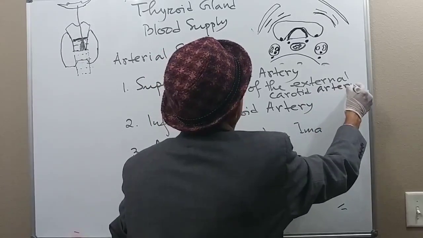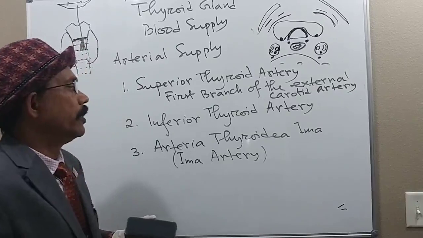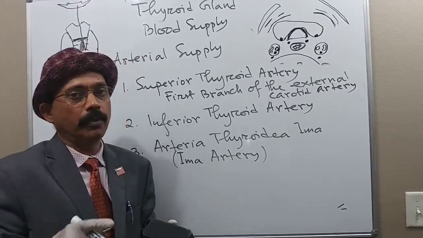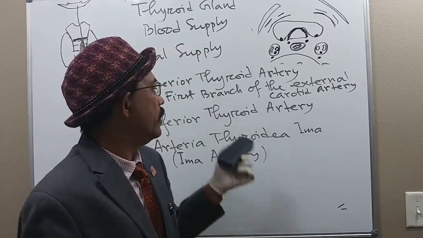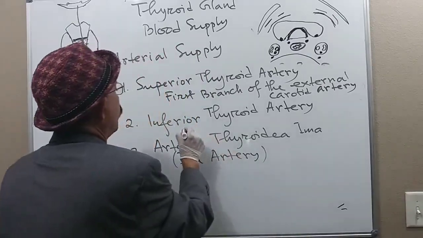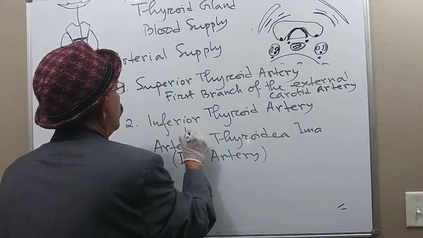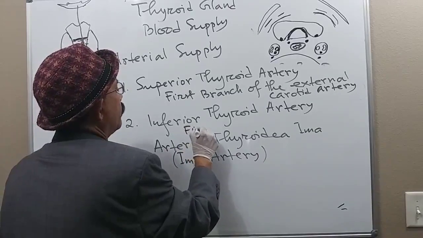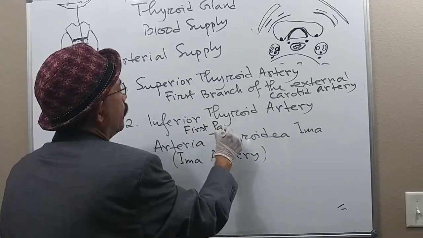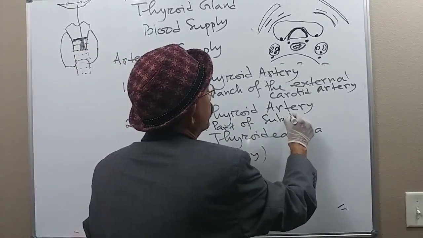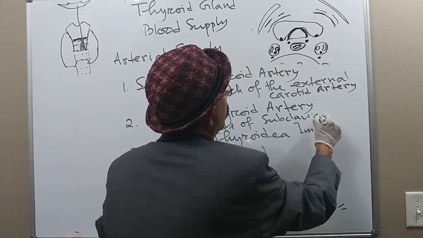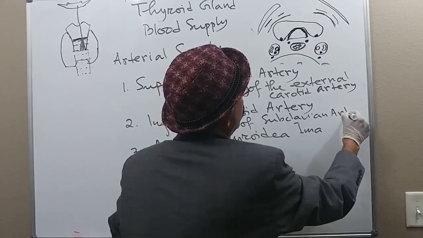The inferior thyroid artery supplies the lower part of the thyroid gland, and it is a branch of the first part of the subclavian artery.